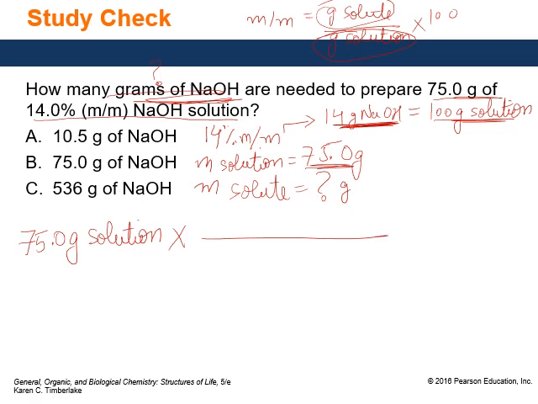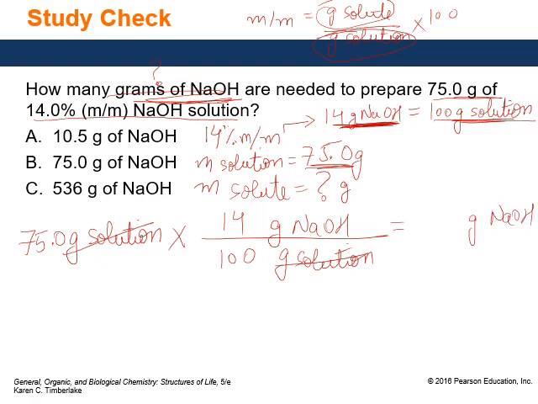I want to cancel the grams of solution, so I divide by grams of solution and multiply by the other side, which is grams of solute, or NaOH in our case. How many grams of solution? 100. How many grams of solute or NaOH? 14. So this grams and this grams got cancelled. Your final unit that you see here is grams of NaOH. So by unit, it's working.